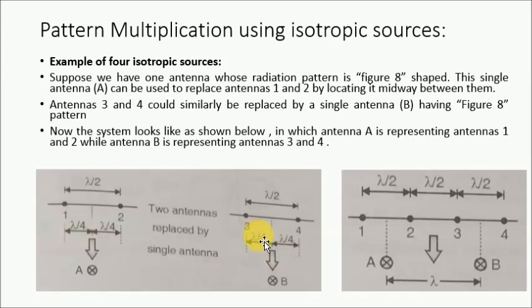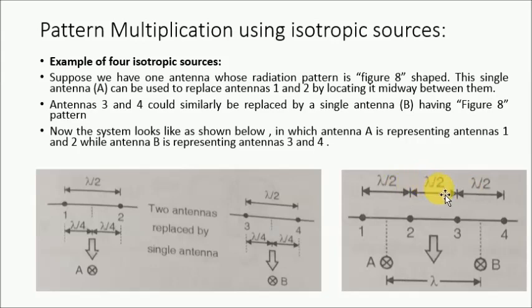Now we have to understand that the distance between 2 and 3 is lambda by 2. Remember, this distance between 2 and 3 is lambda by 2 because the 1, 2, 3, 4 elements are separated by the same distance d, which is equal to lambda by 2.